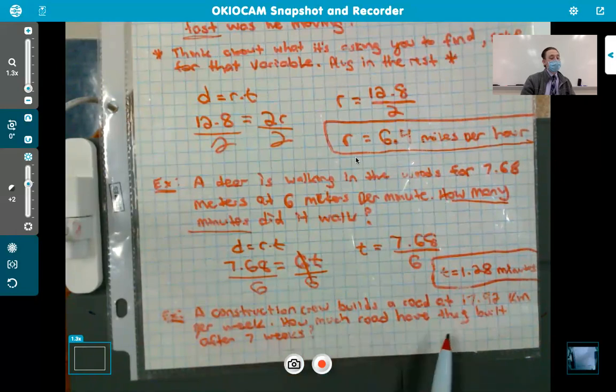It asks us how much road has been built after 7 weeks. So how much road, am I going to be solving for distance? Am I going to be solving for time? Am I going to be solving for rate? So if they're asking me how long did they build something, what am I going to be solving for?